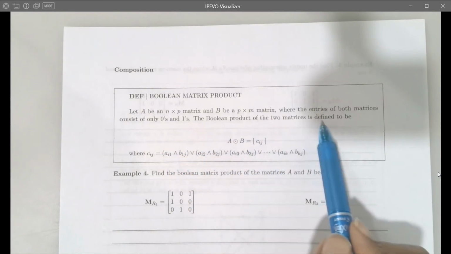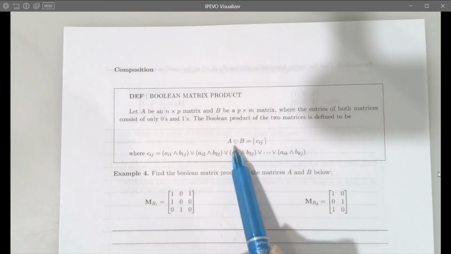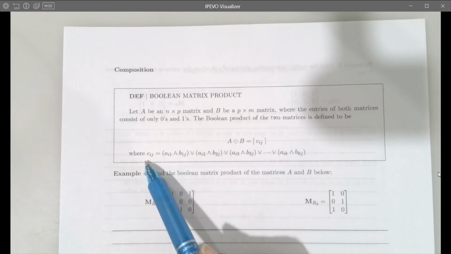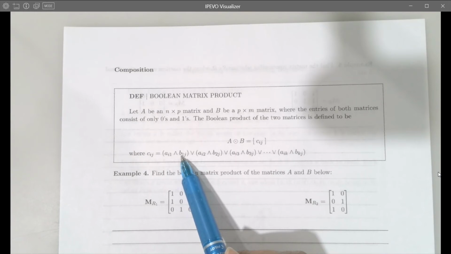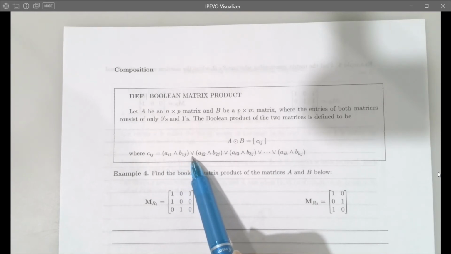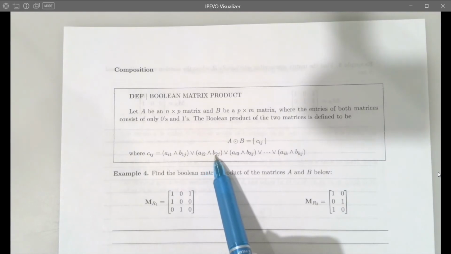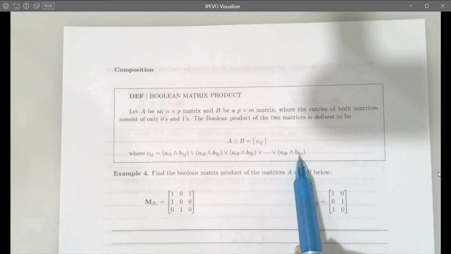The Boolean product of the two matrices is going to be defined by this symbol. First of all, the notation is Boolean matrix product. It's going to give you some element Cij, where Cij consists of the conjunction of the element at the ith row first column in A with the first row jth column in B, and then disjunction A i2 conjunction with B2j all the way down to Aik conjunction with Bkj.